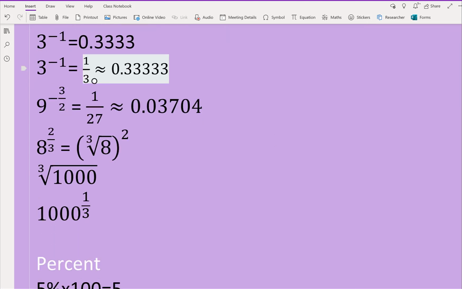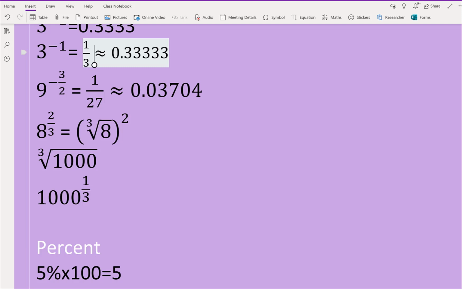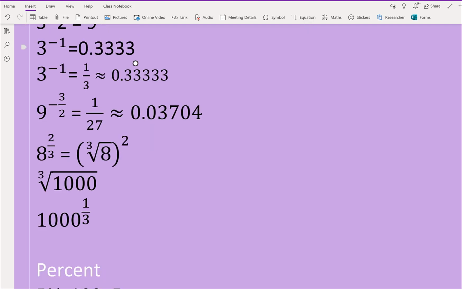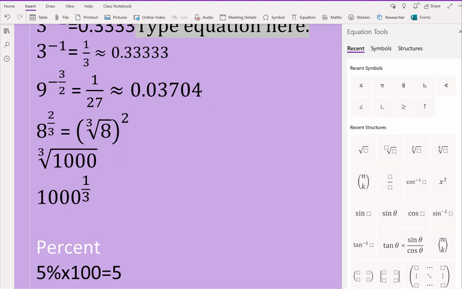So these are just some of the worked examples. If we take a look at this one, I want to express 8 to the power of 2/3 using root. So I go to Insert, Equation, and here we have the equation tools, is where they keep all the mathematical symbols.